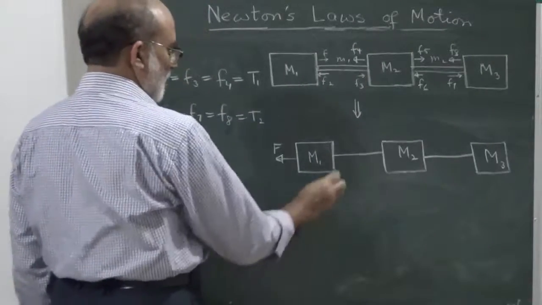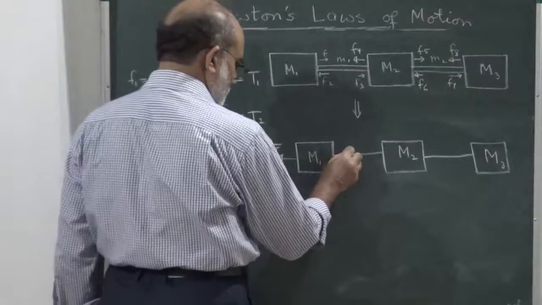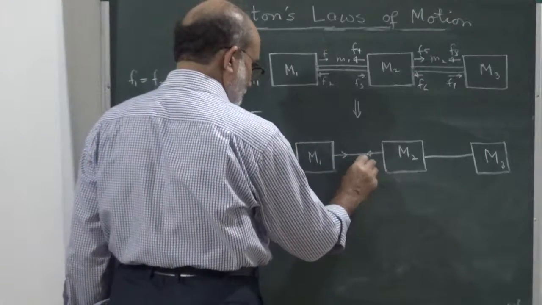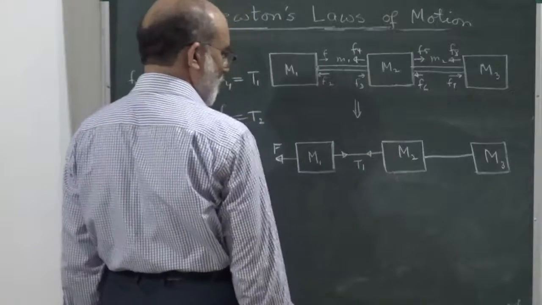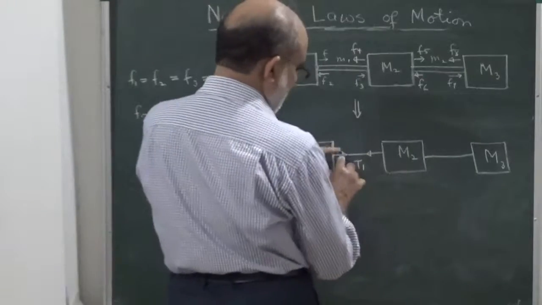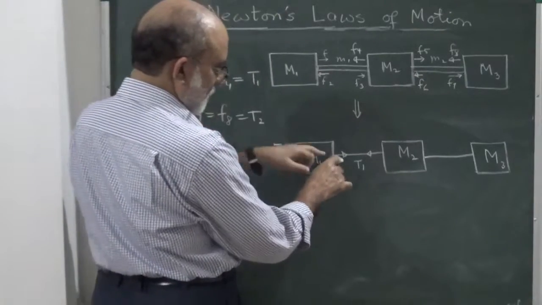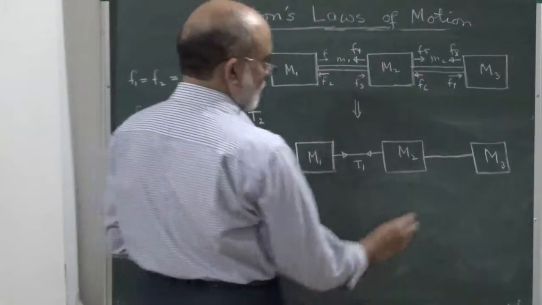So T1 is equal to F1, F2, F3, F4. Both are the same, here also the same, there also the same.